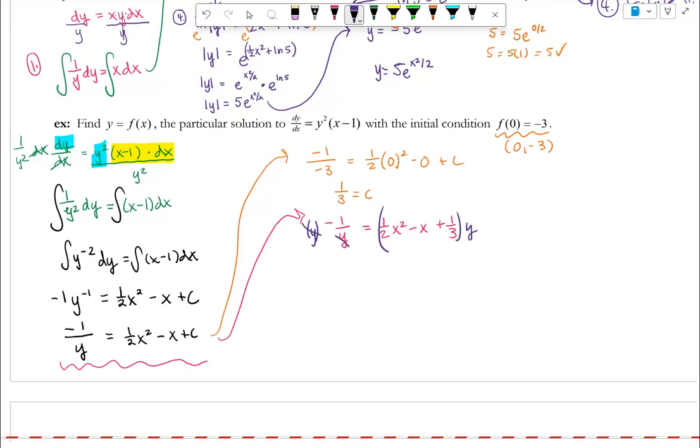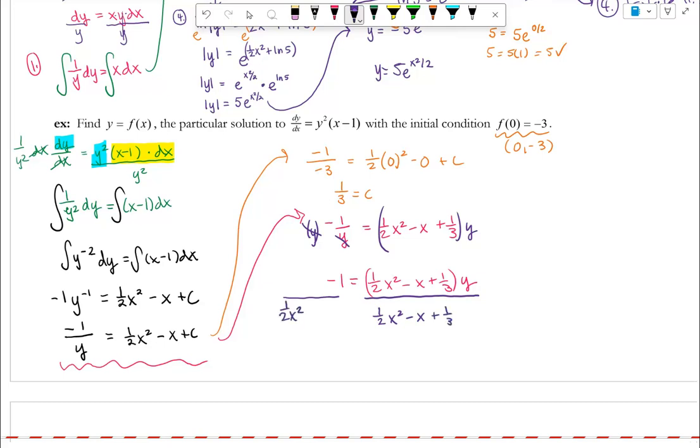Be careful. I'm going to get negative 1 equals 1/2 x squared minus x plus 1/3, all of that junk times y. Well, now if I want to isolate y, I have y times all that other junk. So can I just divide both sides by all that other junk? Yes, we can do that.